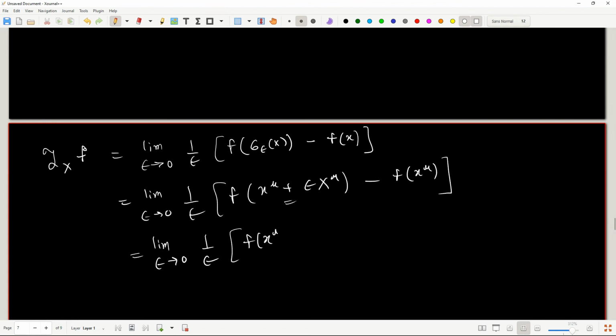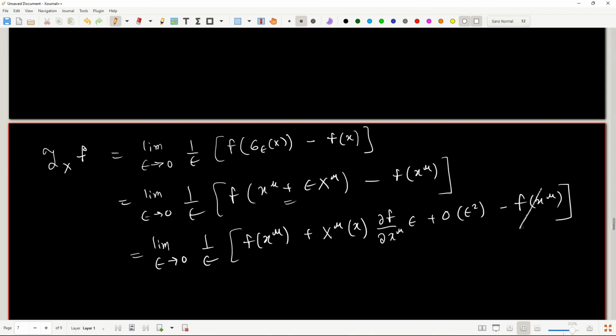If I do that, I'll have my function at x, because we are expanding around epsilon equals 0, plus a partial derivative of f with respect to x mu times my parameter, plus higher order terms, minus f of x mu.